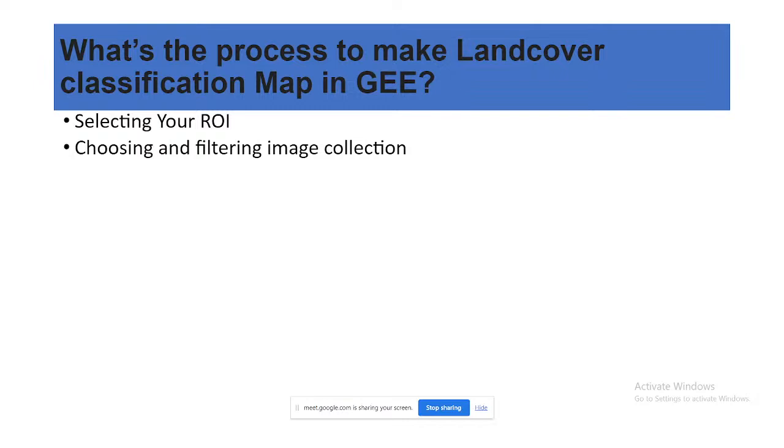You just have to filter your specific image collection. Landsat image is 30-meter resolution, and Sentinel image is 12-meter resolution. Landsat images are available for a long time period, and Sentinel images for a short time period, from the year 2015, but Landsat we can get from the year 1973.